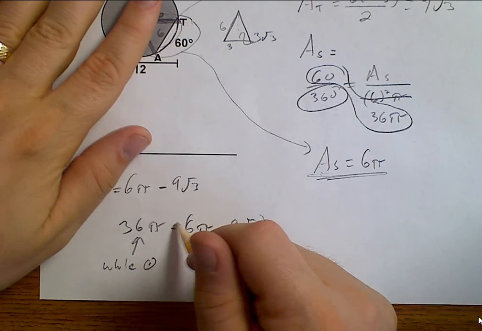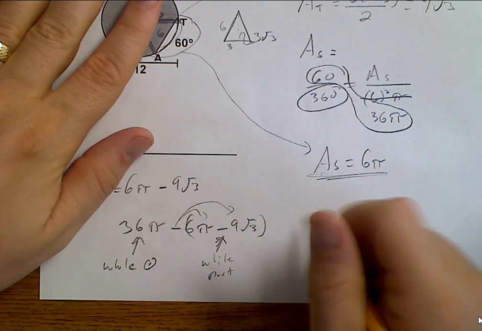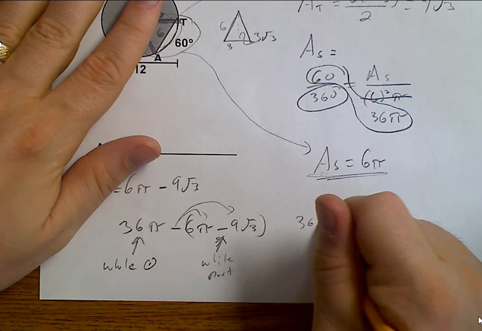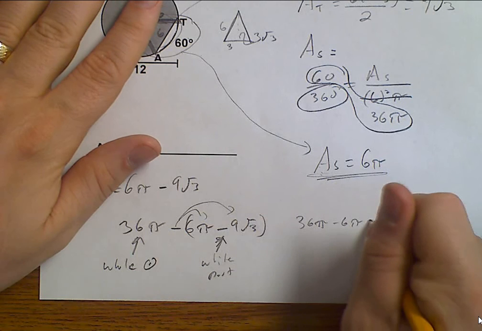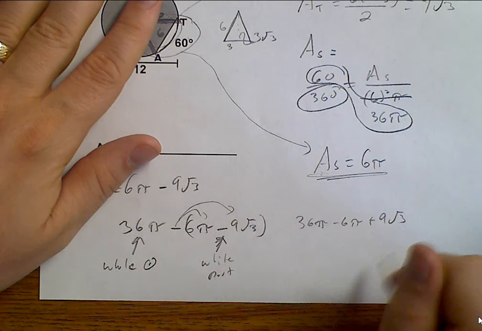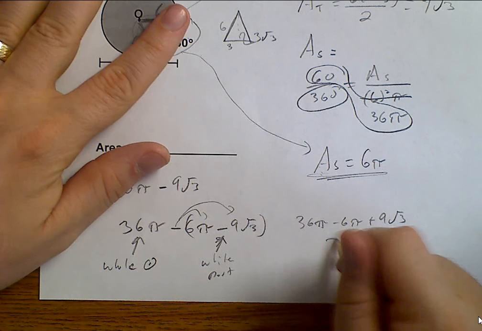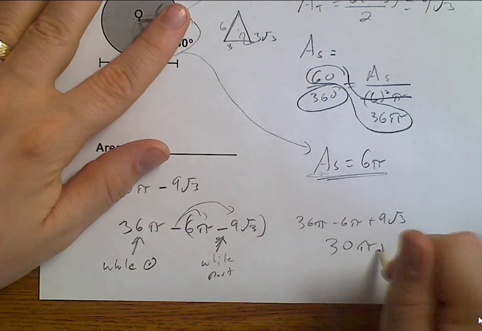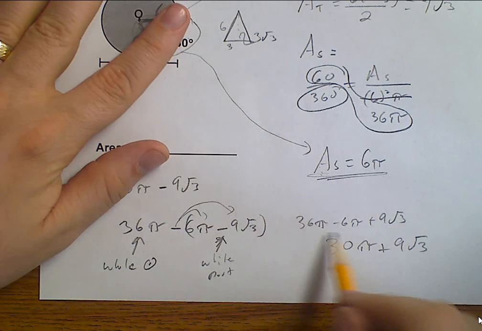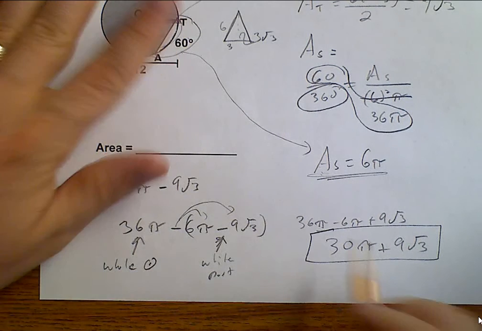Well, we'll go ahead and distribute this negative sign. So we get 36 pi minus 6 pi plus 9 square root of 3. And that gives us 30 pi plus 9 square root of 3.